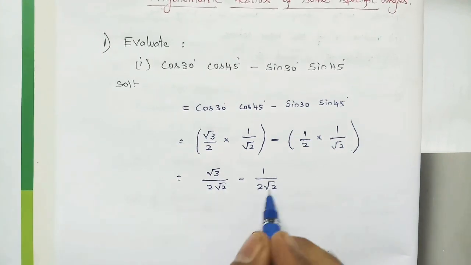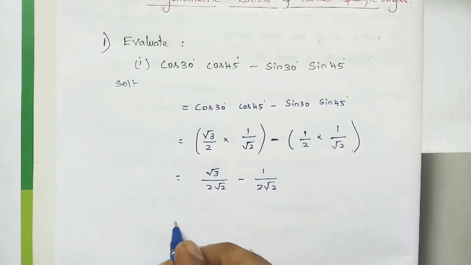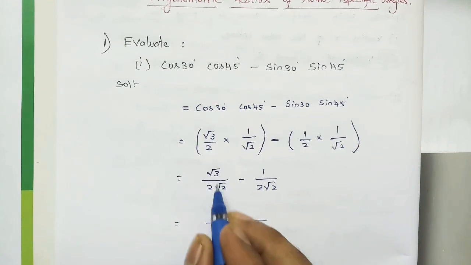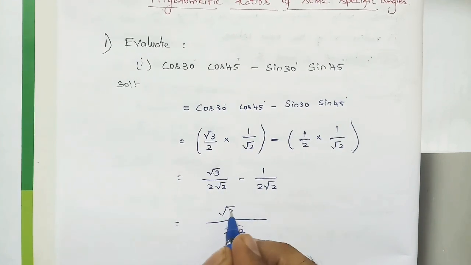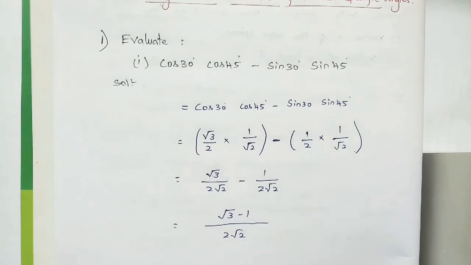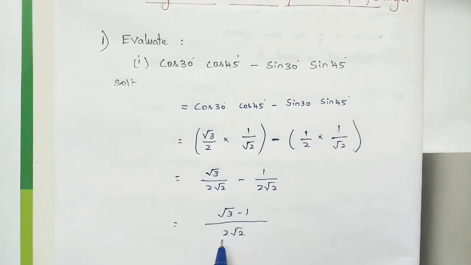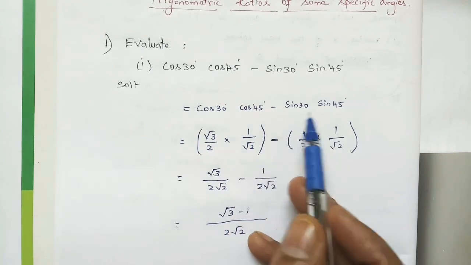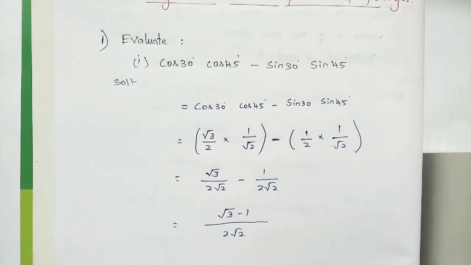Now see that both denominators are the same, so we write the denominator only once: 2 root 2, and in the numerator root 3 minus 1. So this is the final solution for cos 30 cos 45 minus sin 30 sin 45. Here we can stop, right?